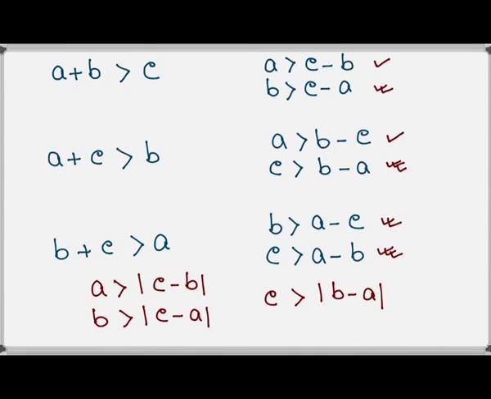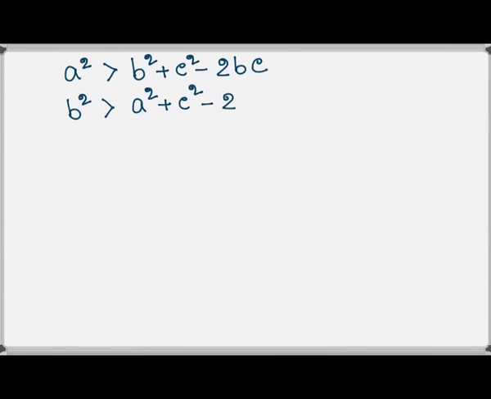Now we are going to use all these three inequalities, and what we will do is square both sides of these inequalities. Then we get a² > b² + c² − 2bc, and b² > a² + c² − 2ac, and c² > a² + b² − 2ab.